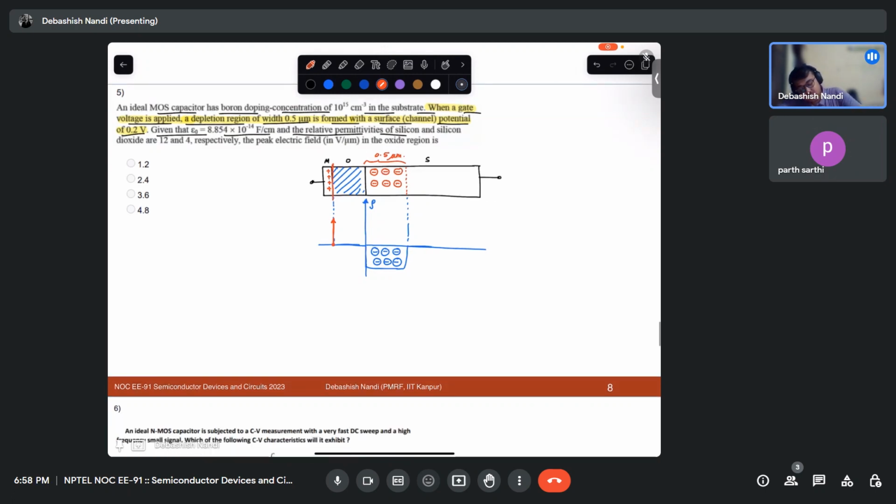Okay. So now quickly tell me how my electric field profile will look. No, start with the semiconductor side, it will be easier for you.